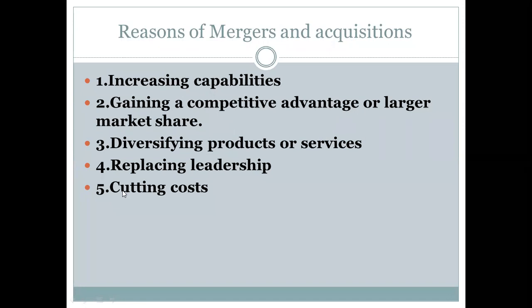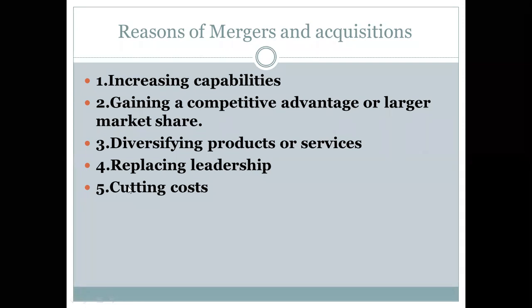Whatever the total cost, whatever the raw material cost, whatever the distribution cost, the whole cost is cut down, the whole cost is lowered due to the adoption of the process of merger and acquisition.